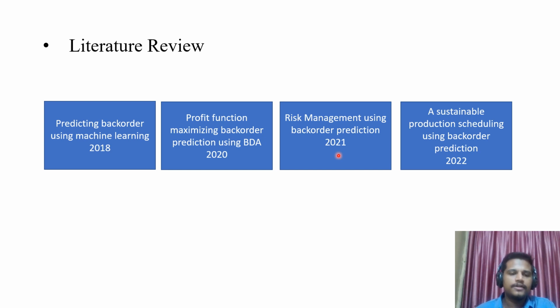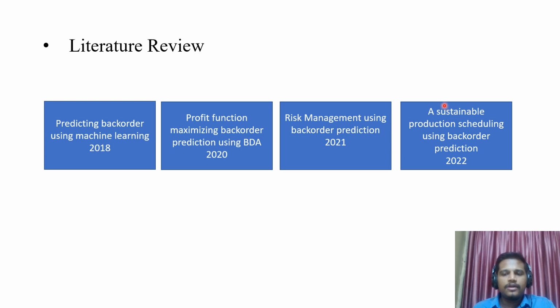So backorder is obviously a risk to the organization, because backorder, just like I said, is a flow obstacle to the flow of the supply chain. So if my supply chain is getting stopped, it is a risk to the supply chain. So they tried to mitigate that risk by predicting backorders.